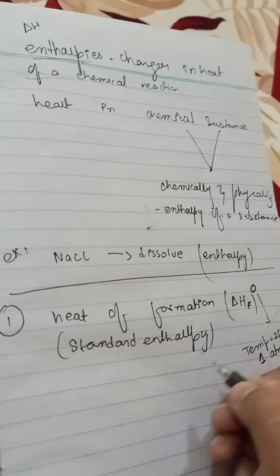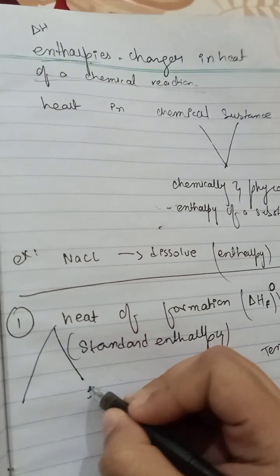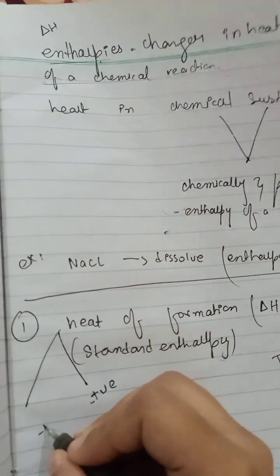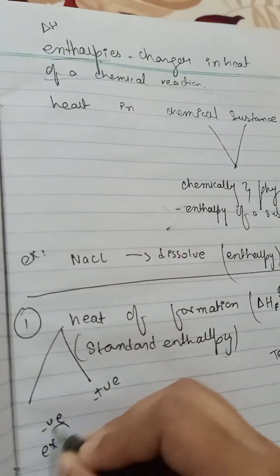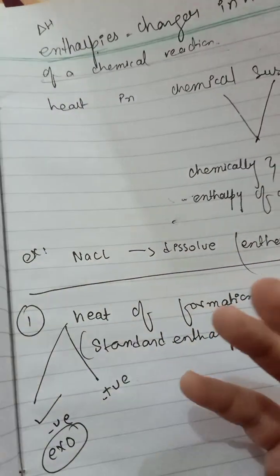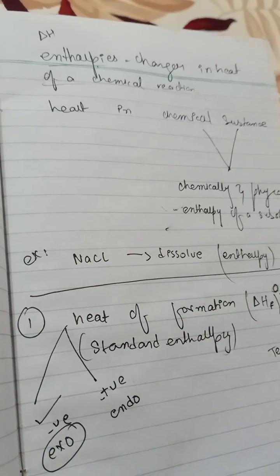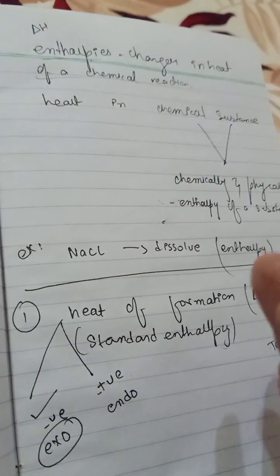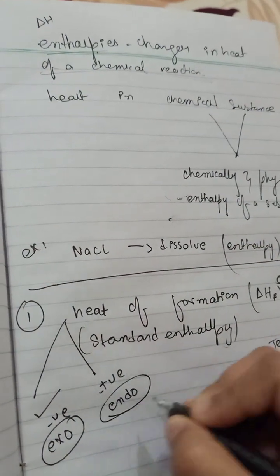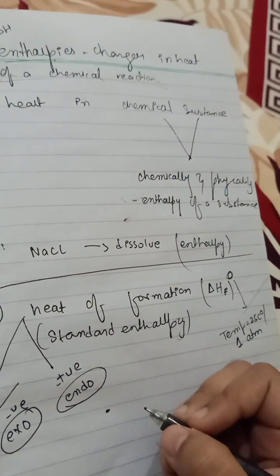This heat of formation can be positive or negative. When there is an exothermic reaction, the heat will be released, and that will be the negative heat of formation. When there is an endothermic reaction, in which heat is used, the heat of reaction is positive.